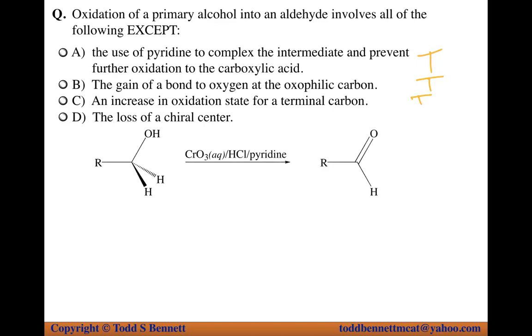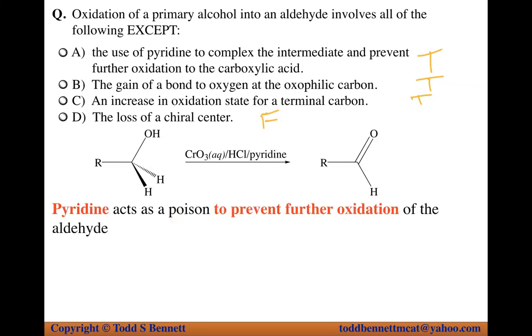So there's my reaction, my pyridinium chlorochromate concoction, my Collins reagent. So 2 identical H's, sp2 in the end. So you have no chiral center in the beginning, so you don't lose one. You're going from achiral to achiral. So for this one, pyridine does prevent it, so A is in fact true.